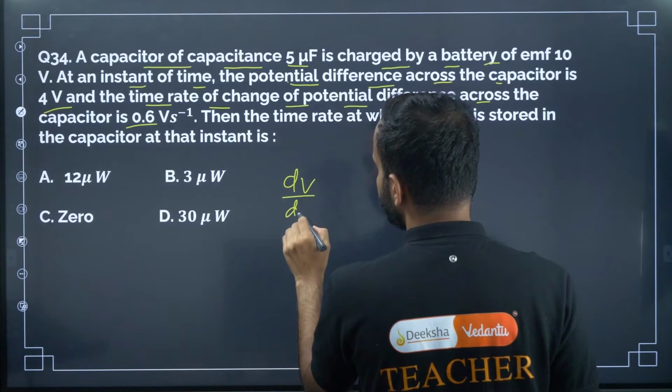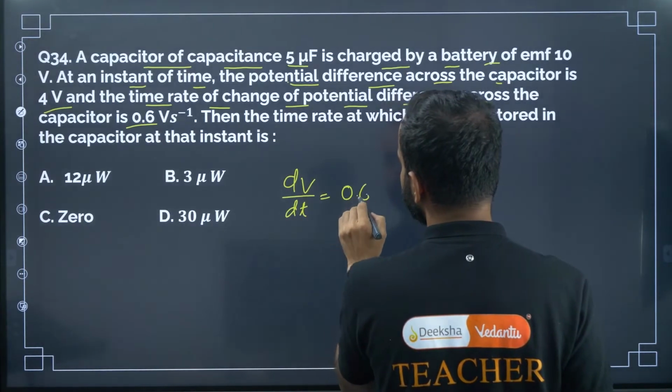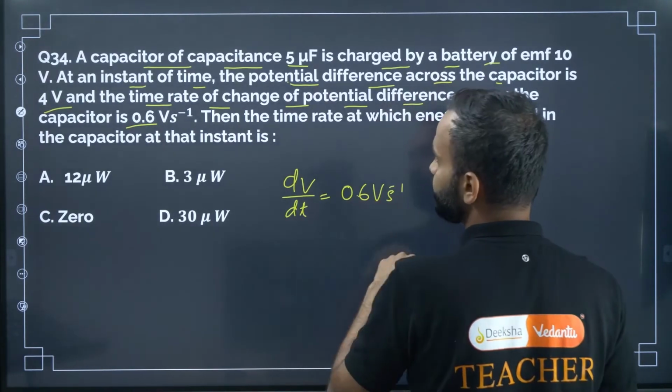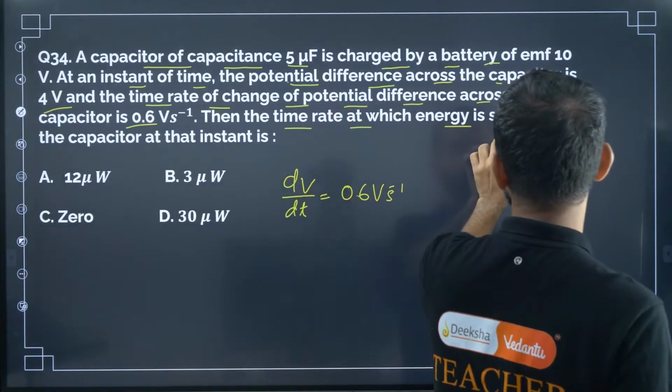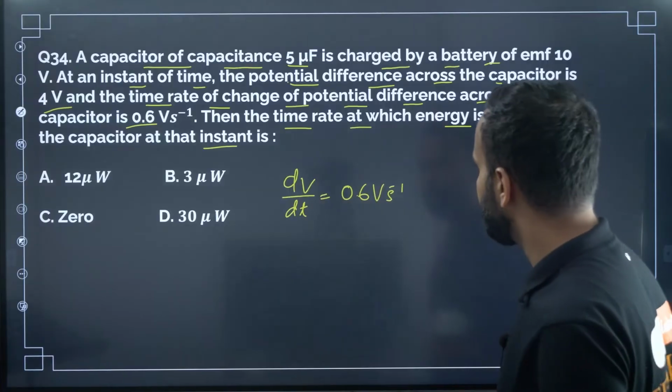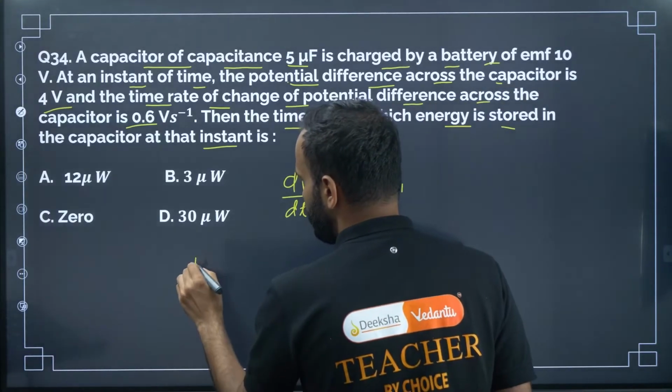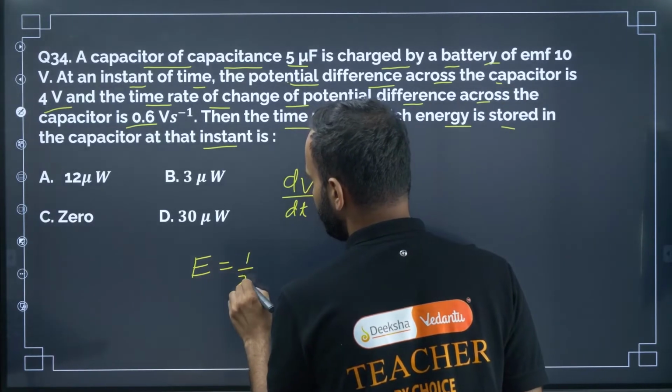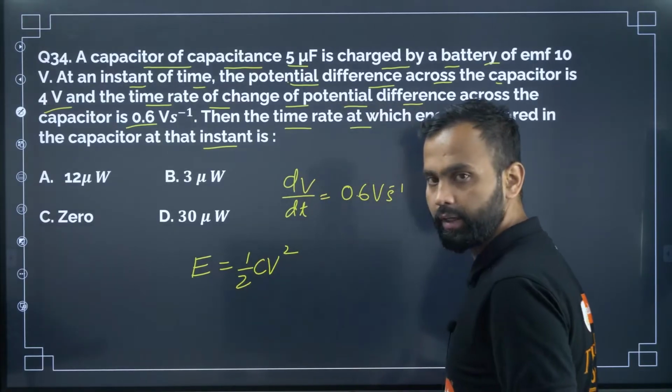So dV by dt is equal to 0.6 volt per second. Then the time rate at which energy is stored in the capacitor at that instant, that is, we need to find the power, right? So now energy stored in the capacitor E equal to half CV square, right?